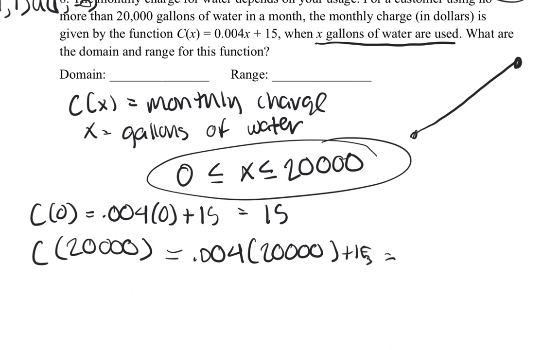Which gives us 95. And so if we write this in interval notation, we are going to start at 0 and go to 20,000. And then for our range, we start at 15 and go to 95 included.